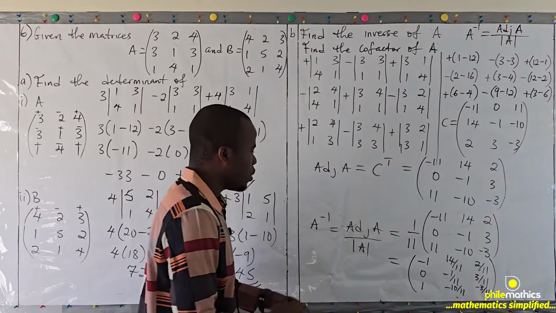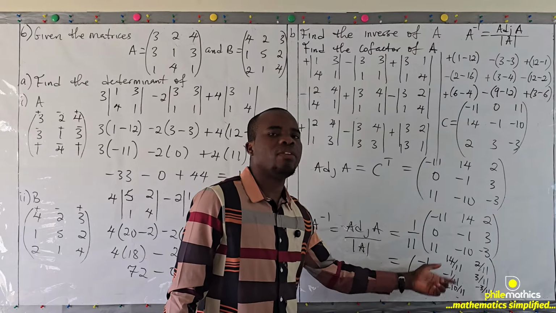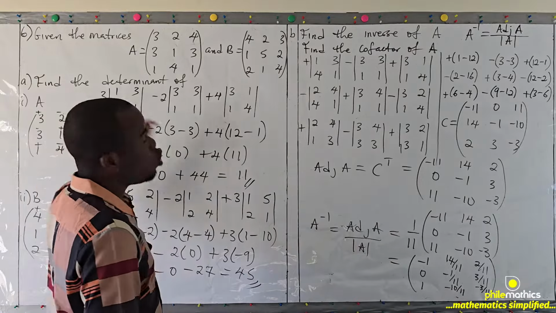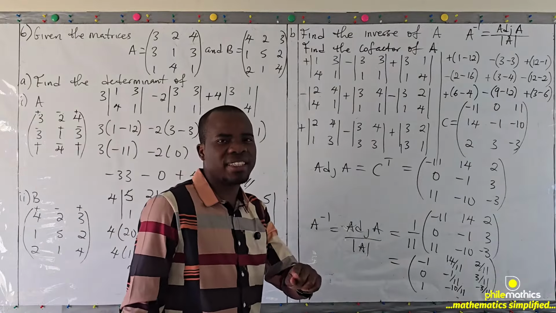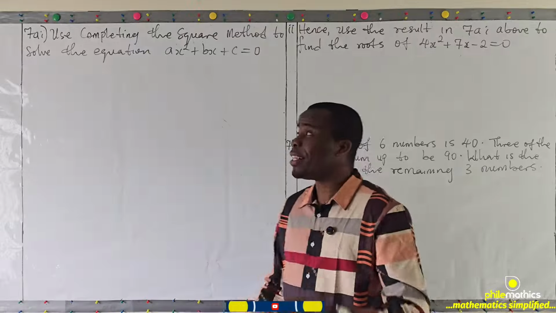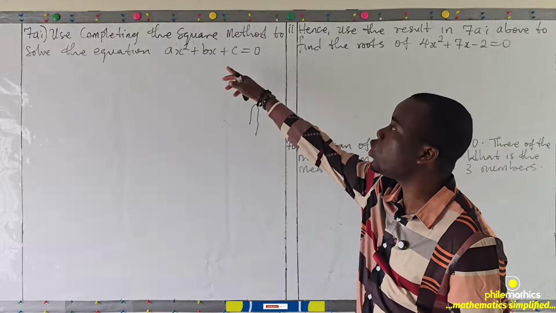So this is what the inverse of A is. If you want to check if it is correct, multiply this with A, and you should get the identity matrix. Question 7 of NECO 2025 theory says, use completing the square method to solve the equation.